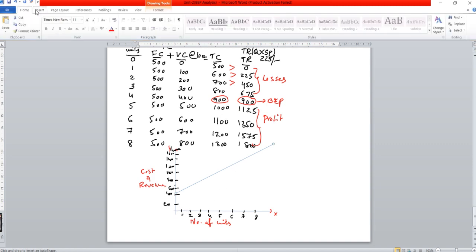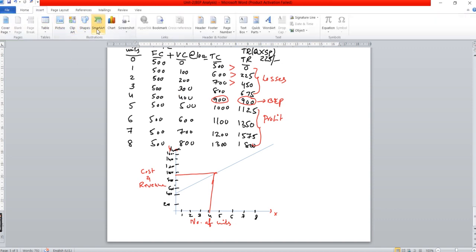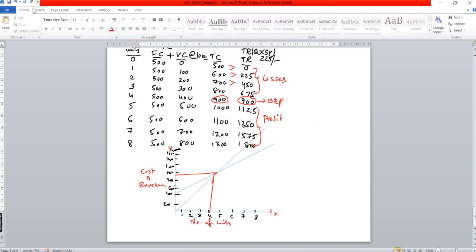Before that, first we need to identify the point where the total revenue at the fourth unit is 900. At the fourth unit, this is the point where a firm is not getting any profit or loss, and we take this point so we can identify the points.